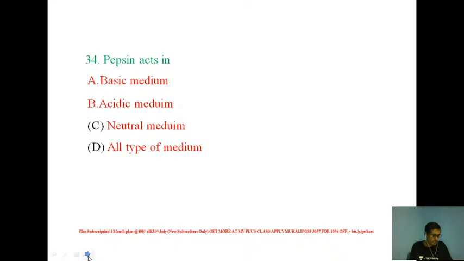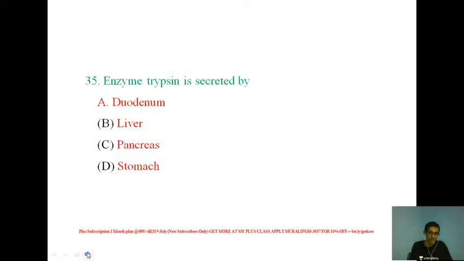Let us move on to the 35th question. Enzyme trypsin is secreted by which organ? Duodenum, liver, pancreas, stomach. Trypsin is secreted from the exocrine part of the pancreas as trypsinogen.